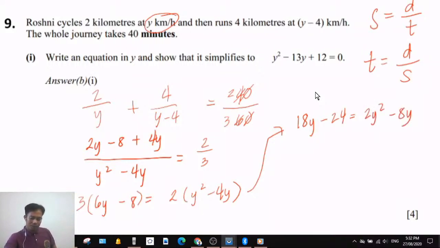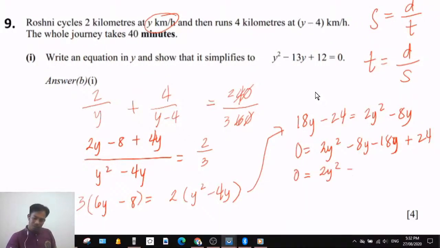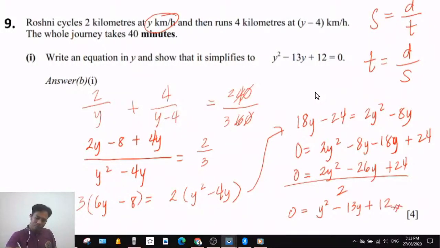So you will now come up with 0 equals 2y squared minus 8y minus 18y plus 24. So you will have 0 is equal now to 2y squared minus 26y plus 24. I'll divide the whole equation by 2. 0 is equal now to y squared minus 13y plus 12. Shown.